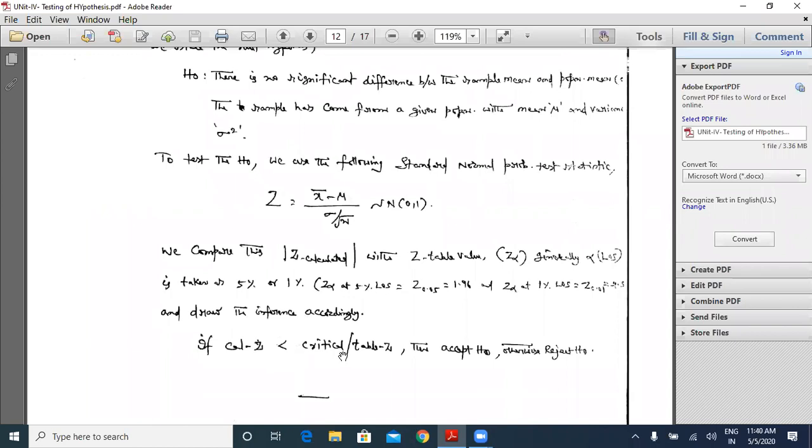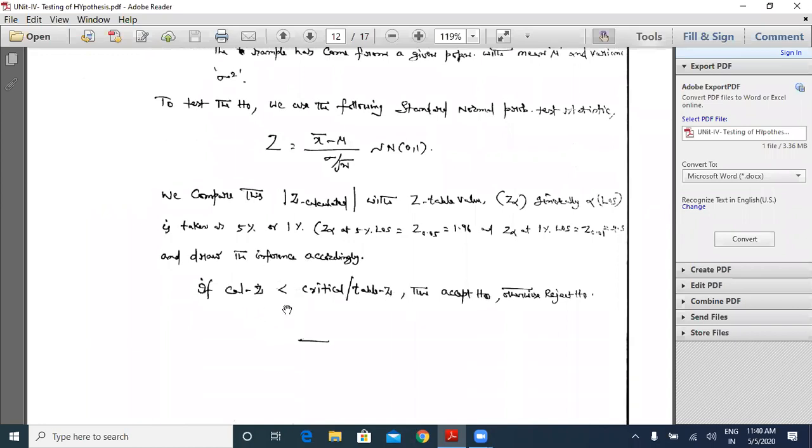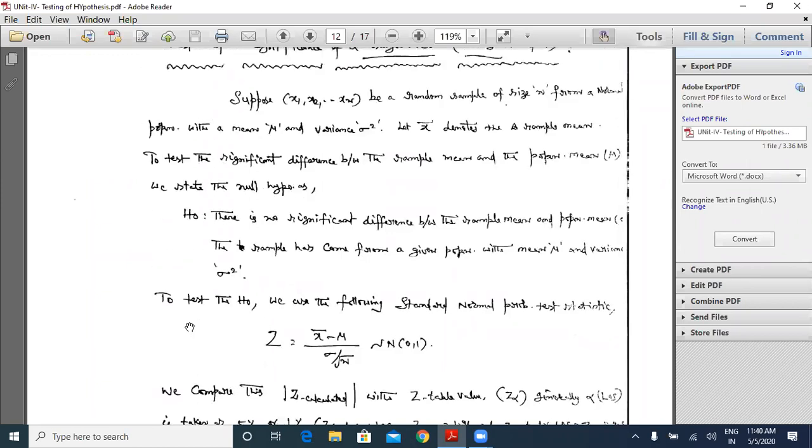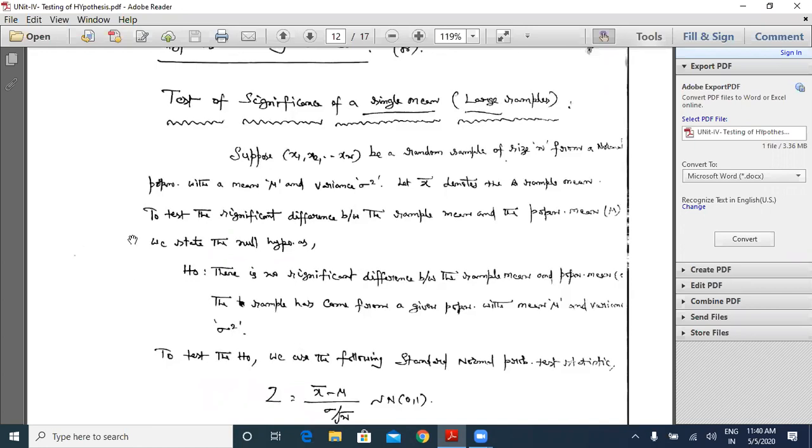If calculated Z value is less than table value, we accept H naught. Otherwise, reject H naught. Otherwise means if calculated Z value is greater than or equal to table value, we reject H naught. So this is the procedure that we are going to apply in this first model, the test of significance of single mean.